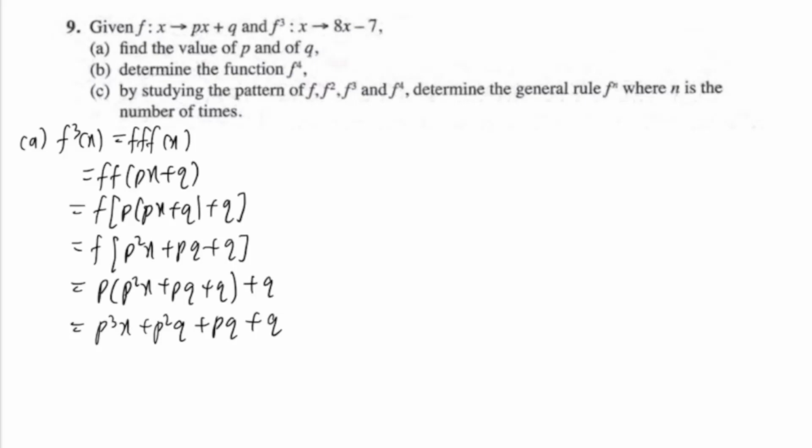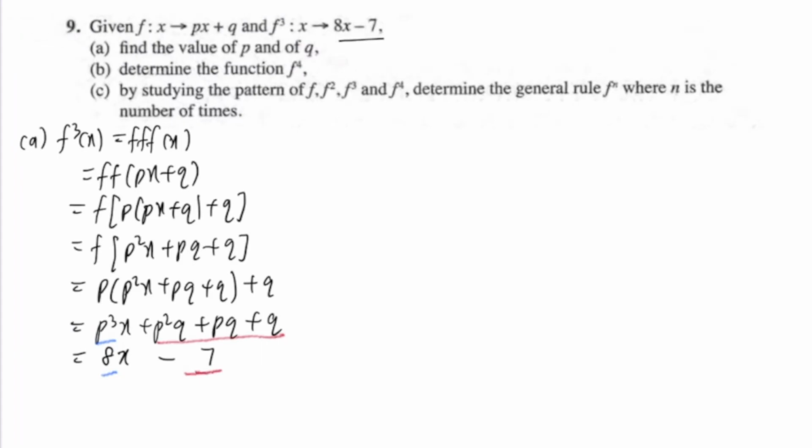Now you're going to take your f³(x), 8x minus 7, and compare. So by comparison, when we compare p to the power 3 with 8, and then we compare this whole thing with negative 7, the negative is there.